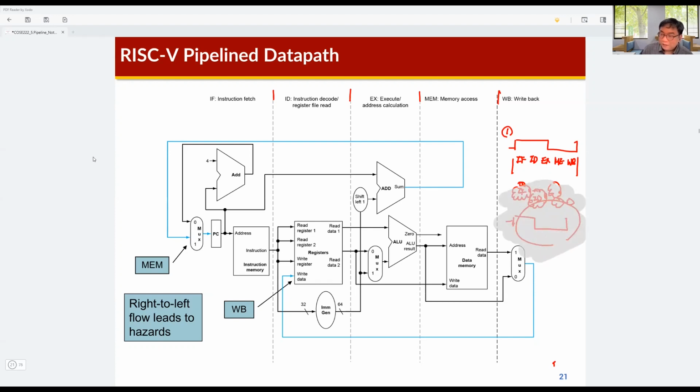Then how can we divide these steps into 5 stages of a pipelined processor? We learned this is the basic design of digital design. Then how can we split each step of this single cycle processor design? This is the combinational logic of instruction fetch, this is instruction decoding, also combinational logic, then execution, memory, and write back.